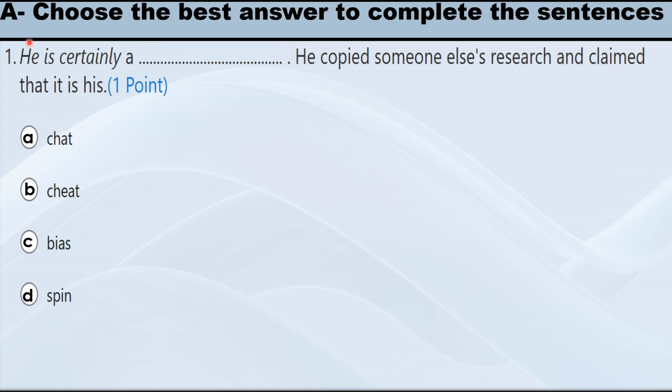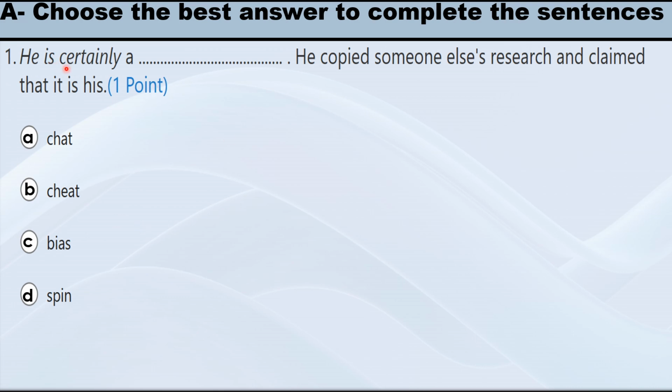Okay, let's start the test. Choose the best answer to complete the sentences. He is certainly a chat, cheat, bias, spin. He copied someone else's research and claimed that it is his. Okay, so choose the right answer. Write it as I said in your notebook or on a piece of paper.